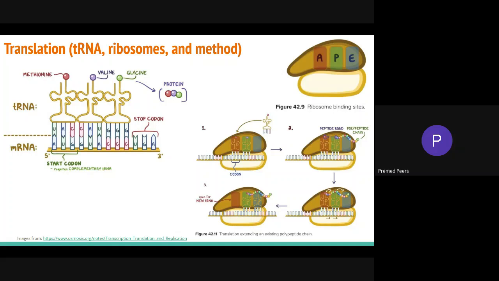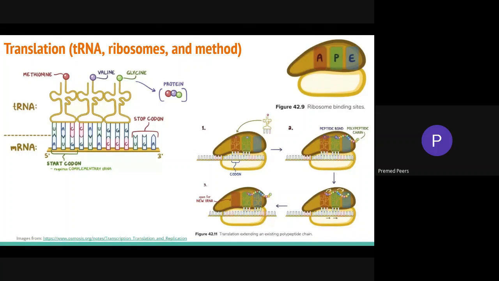The large and small subunits of the ribosome, as well as the mRNA of import, come together during initiation, and the ribosome becomes the translation site, as well as catalyzing the reaction that links the amino acids in the polypeptide. The ribosome, mRNA, and tRNA with the start codon are called the initiation complex.